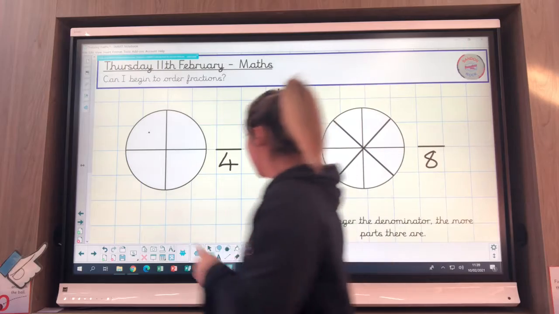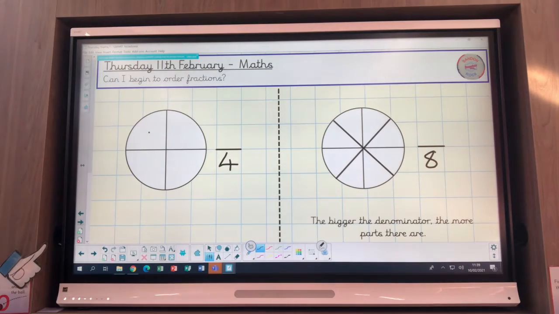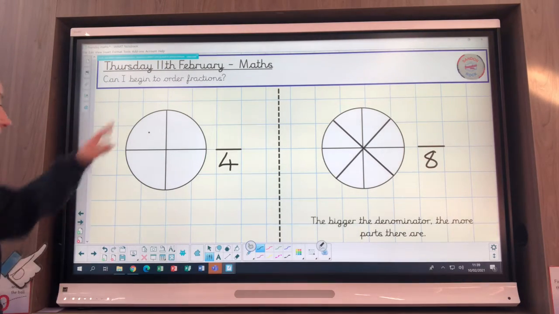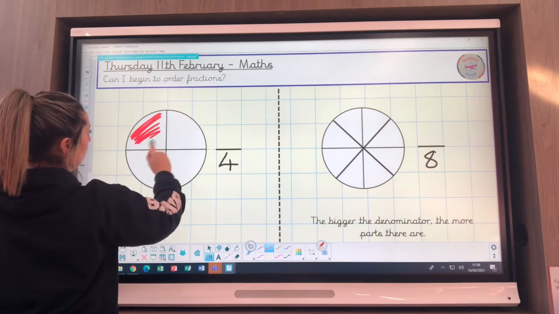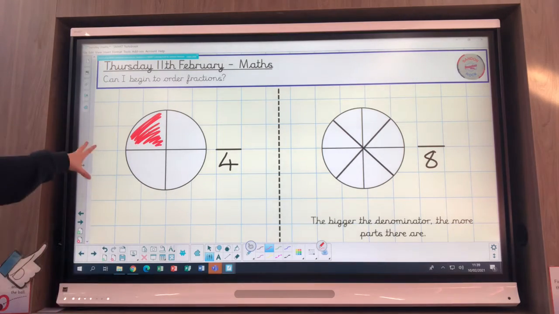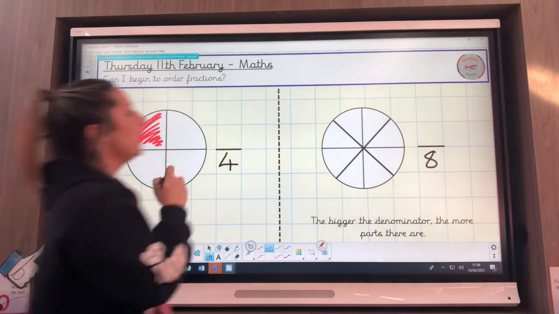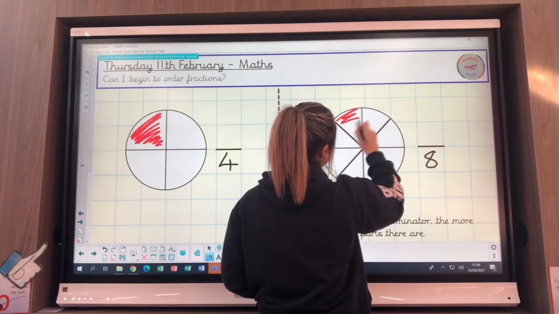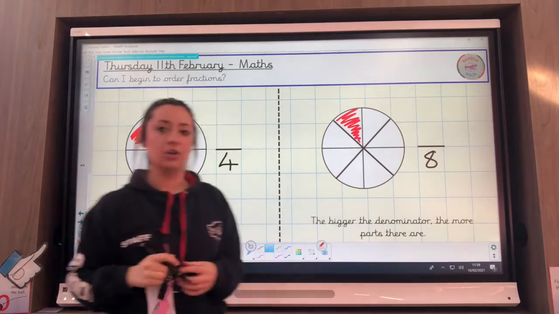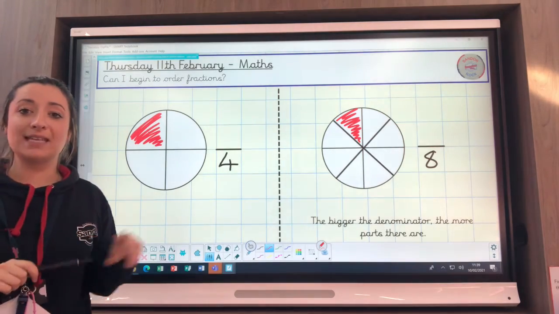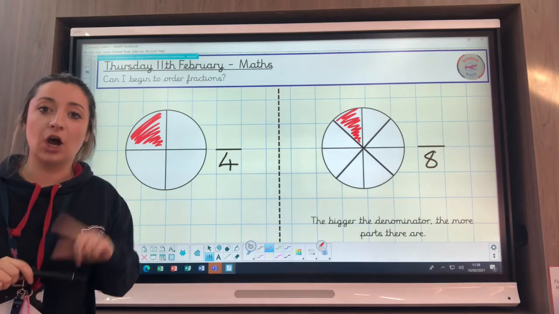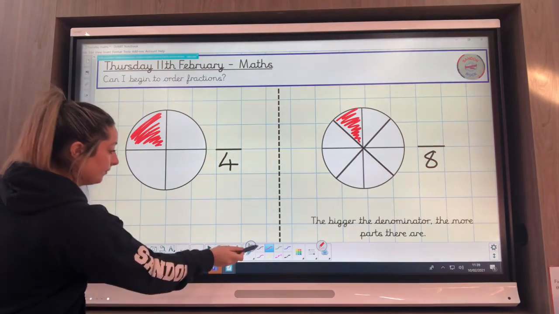Right, so I'm going to shade some of my fractions so we can make a fraction here. I'm going to have 1 part of this fraction shaded, and I'm also going to have just 1 part of this fraction. So my numerator is going to be the same because only 1 part of my whole is shaded.